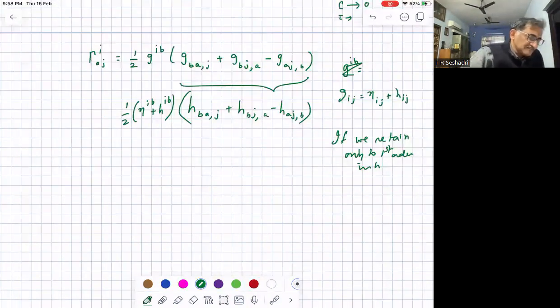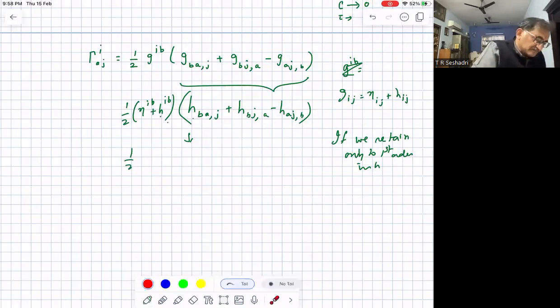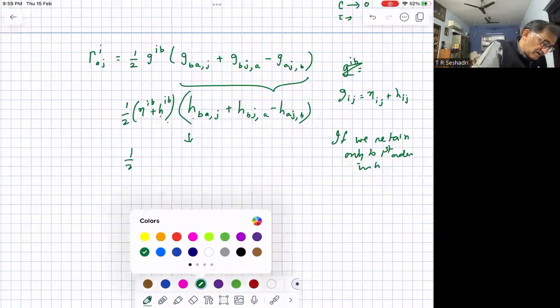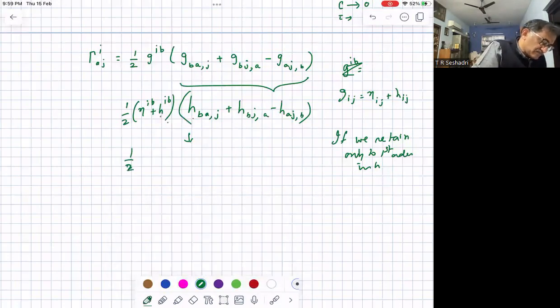So this into this will be second order, that is this, this, and this. So we will neglect this. So we will just have half eta^{ib} times (h_{ba,j} plus h_{bj,a} minus h_{aj,b}).